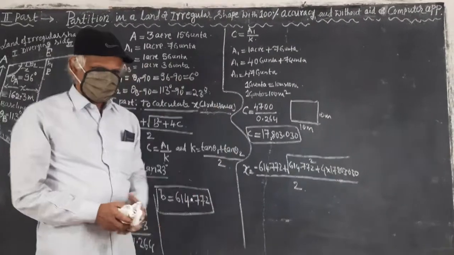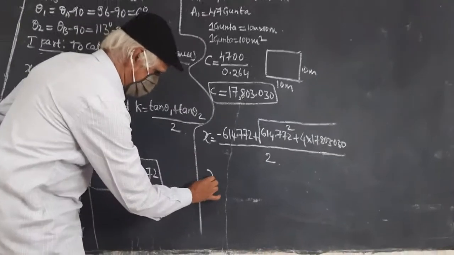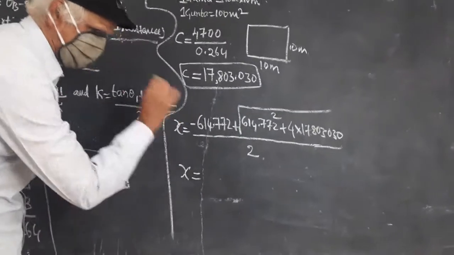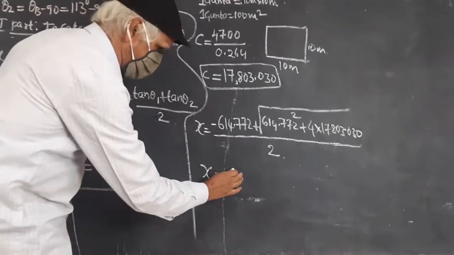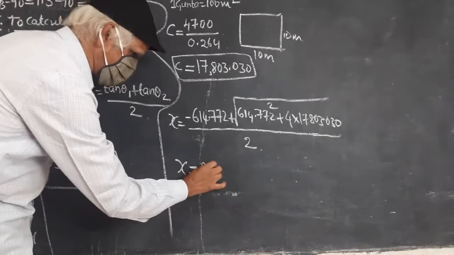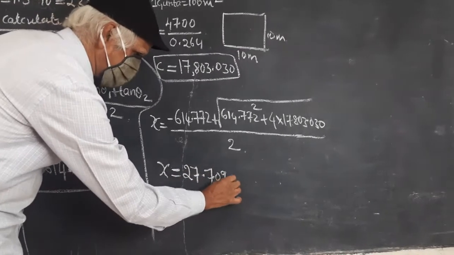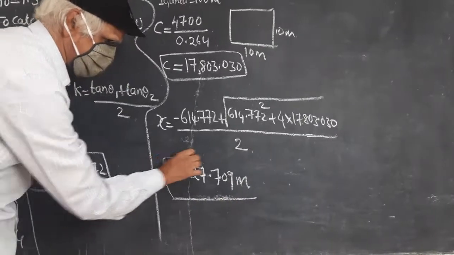Simplifying all these things, one gets the value of X to be 27.709 meter.